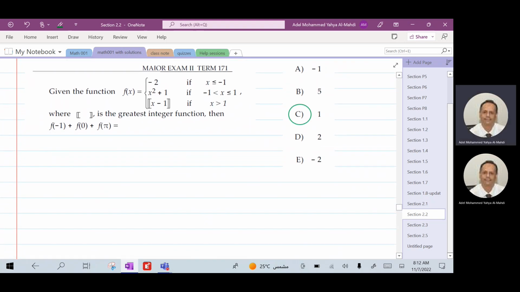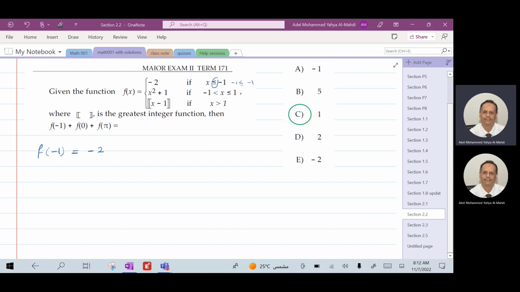This question is similar. We need to find f at -1, f at 0, and f at pi. We start with f at -1. Where is -1? -1 is here. So -1 is less than or equals to -1, so it is -2.